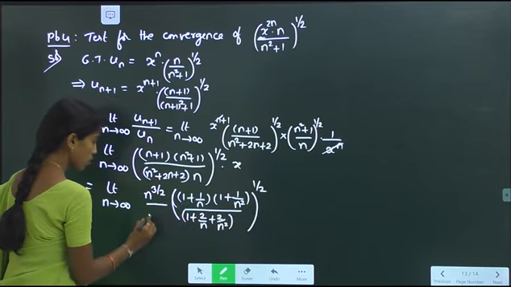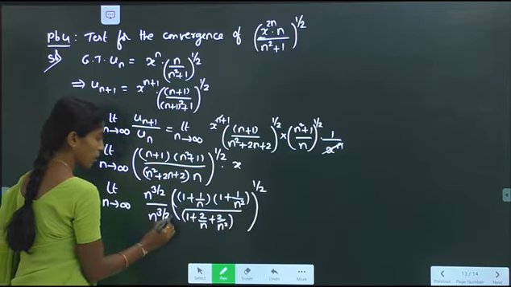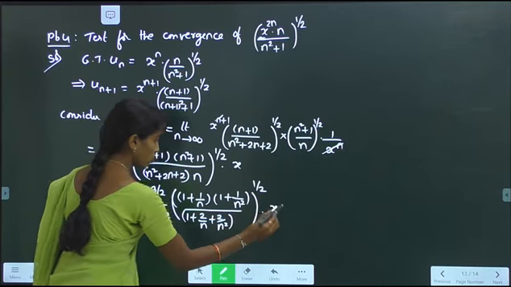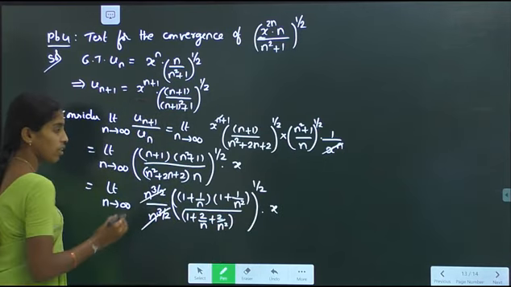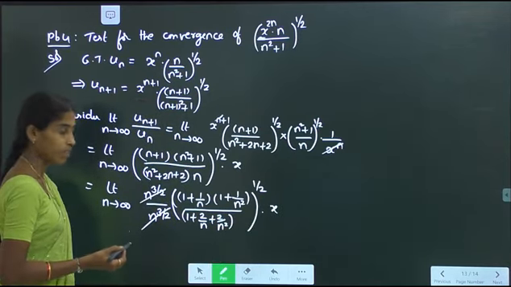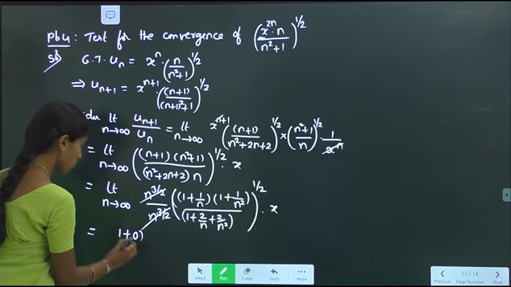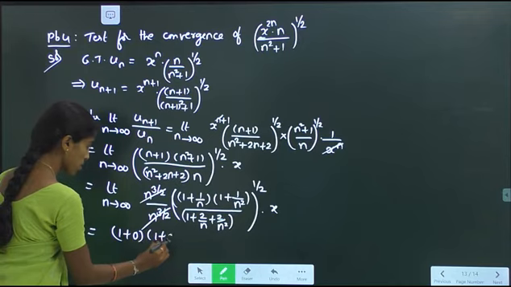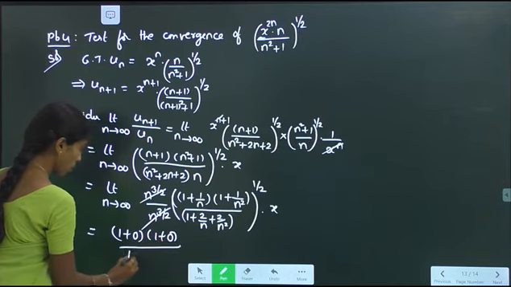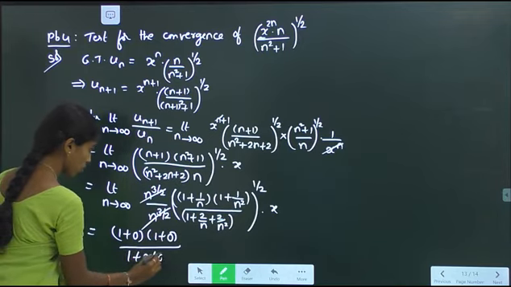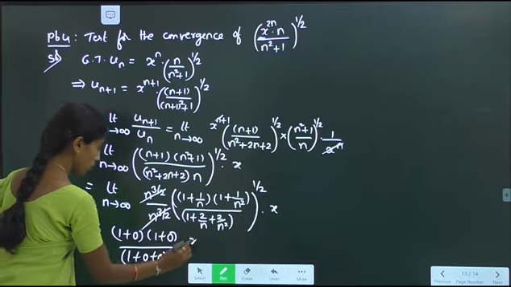Here in the denominator also we are taking common n power 3 by 2 into x. These two get cancelled. As n tends to infinity, it becomes 1 plus 0 into 1 plus 0 by 1 plus 0 plus 0 into x.